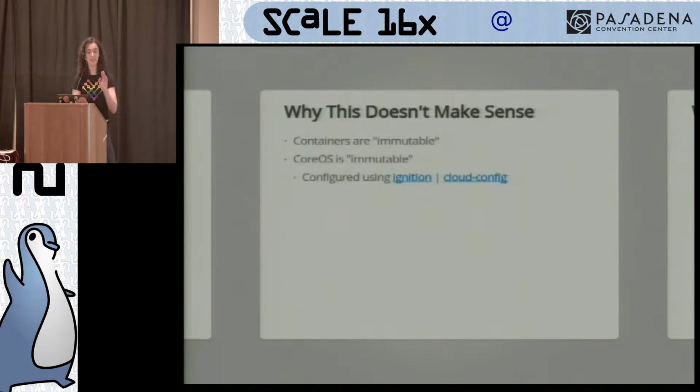OK, so we'd like to treat containers as immutable, and because CoreOS was looking to be a container-specific operating system, it also takes a lot of these immutable philosophies and has integrated them into the operating system.